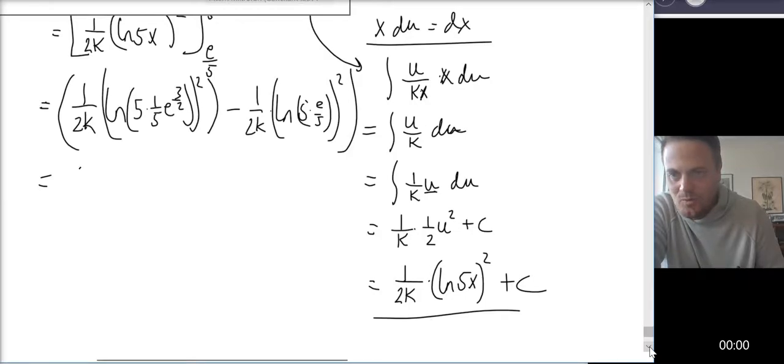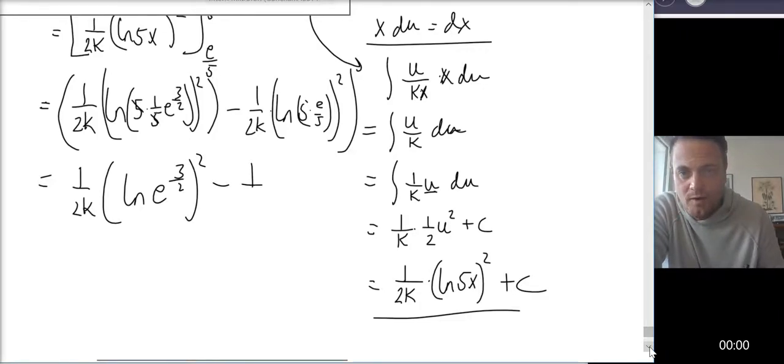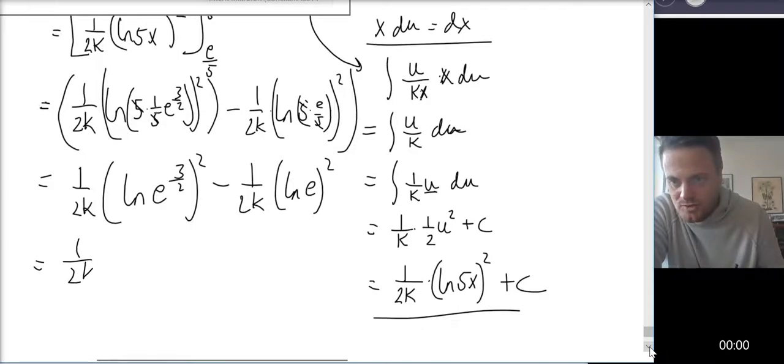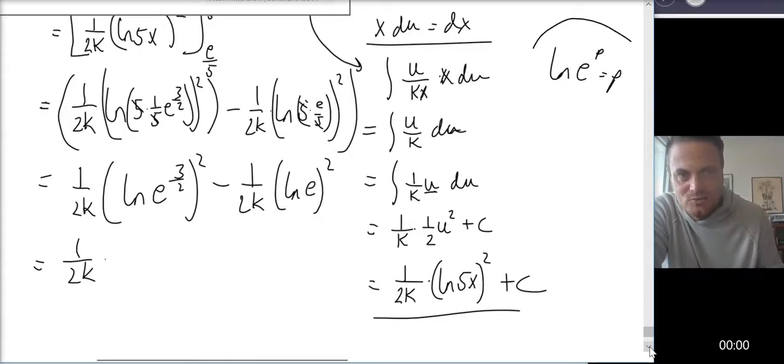Okay, and then what will this be? This will then be 1 over 2 times k times, and we can reduce here, so we get ln of e to the power of 3 over 2, squared, minus 1 over 2k times 5 against 5, ln of e, squared. Remember, ln of e to the power of p is equal to p.